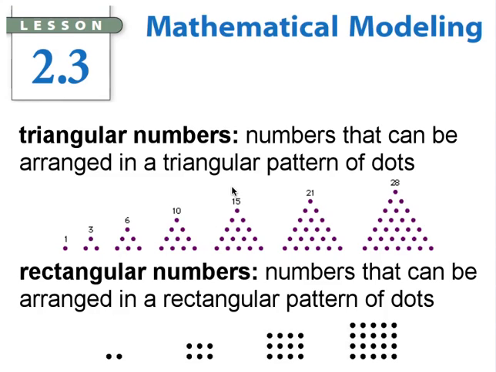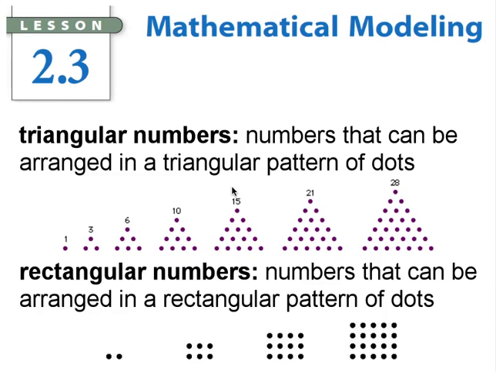Bit about mathematical modeling. Before we get to our activity today, we're going to define what triangular numbers and what rectangular numbers are. First of all, triangular numbers are numbers that can be arranged in a triangular pattern of dots.